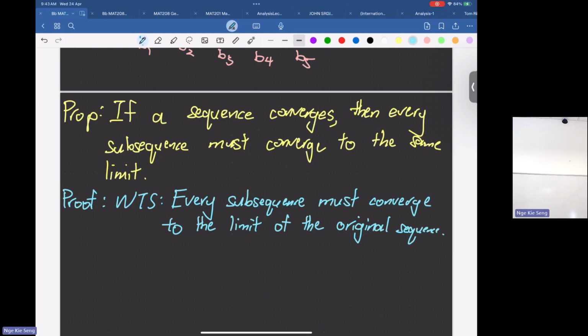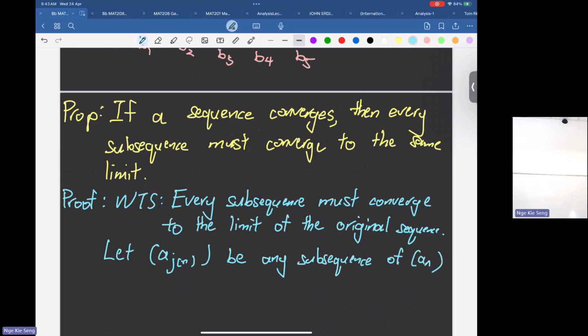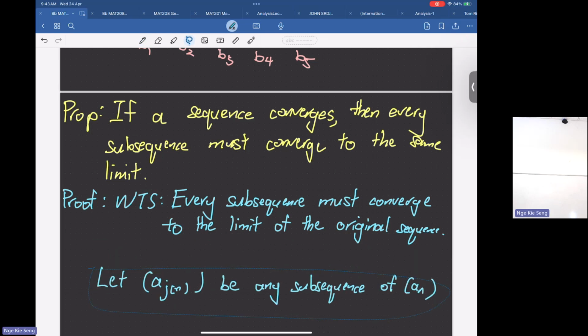Since we want to show it for every, we just start with any. So let a_{j(n)} be any subsequence of a_n, and let a_n converge to some limit L as n goes to infinity. And then let a_{j(n)} be the subsequence.